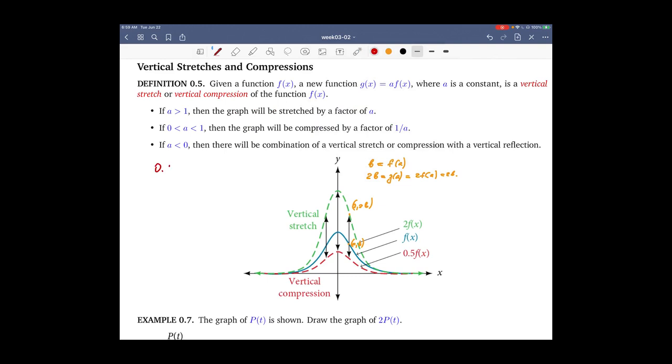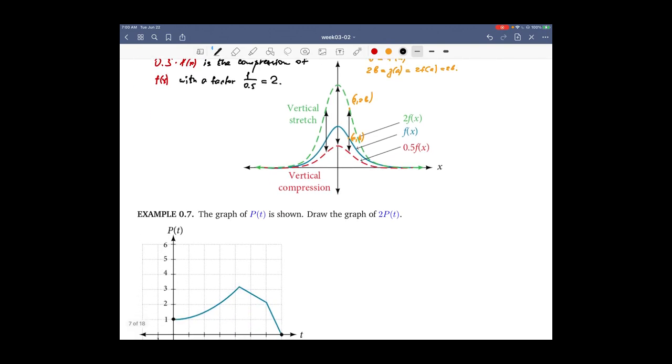So 0.5 times f of x is the compression of f of x with a factor 1 over 0.5, which is 2. In principle, compressions and stretches are the same thing.